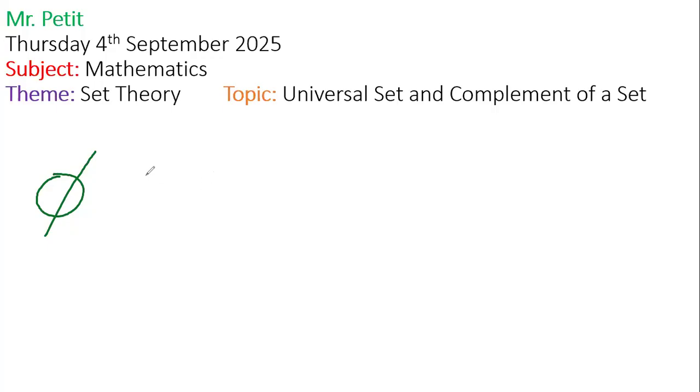Rachel, I know you know, so don't answer. Give someone else a chance. What is this one? Empty or null set? Empty set, very good. Empty set or null set. What is this symbol?